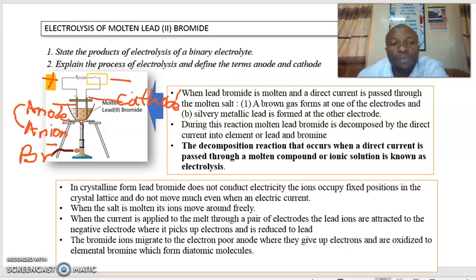But because bromine cannot exist as a single atom, two bromide ions give up their electrons, and at the end of the day you have the formation of bromine gas, and of course two electrons are released.